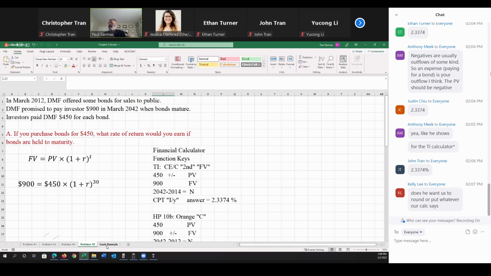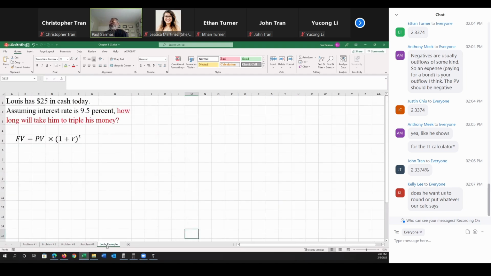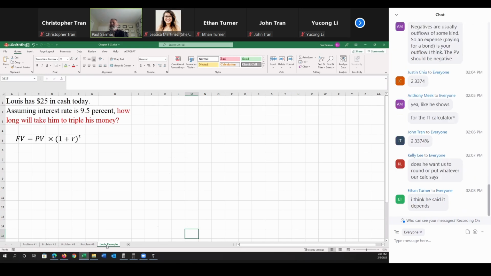That's the future value. I want to do this problem. Go to Louis example. Go to the last spreadsheet. Okay, ready?